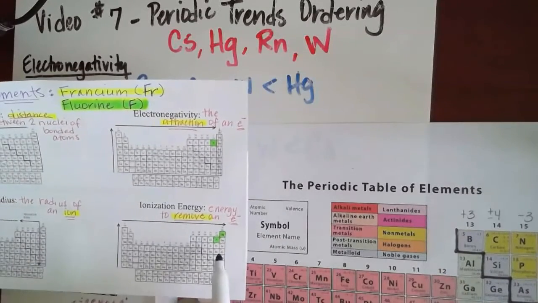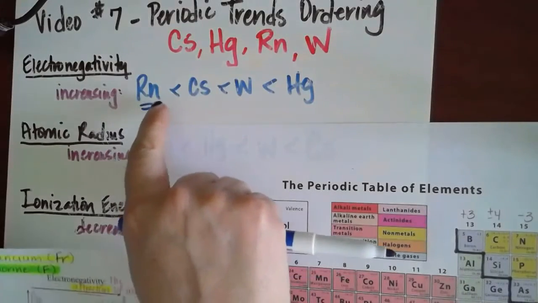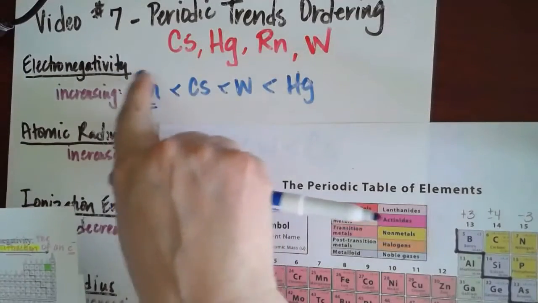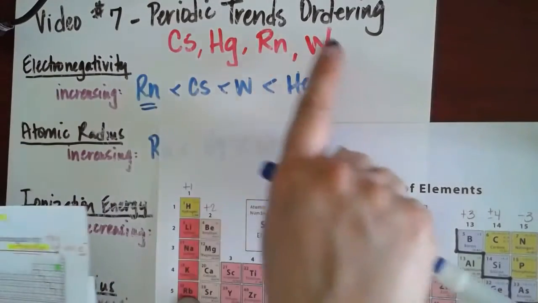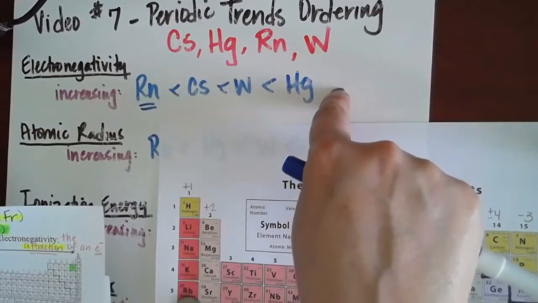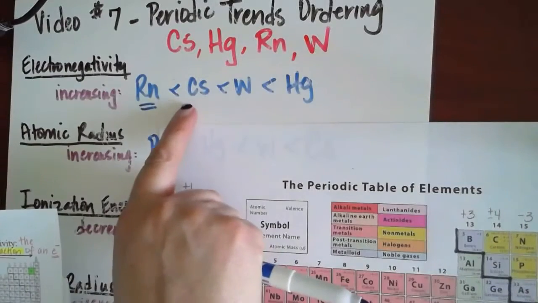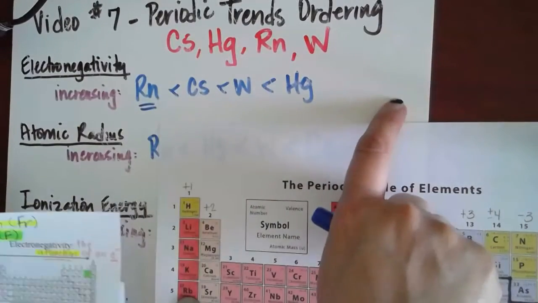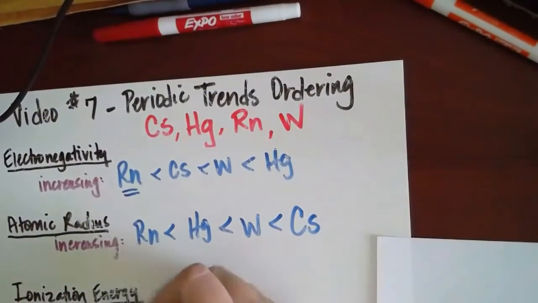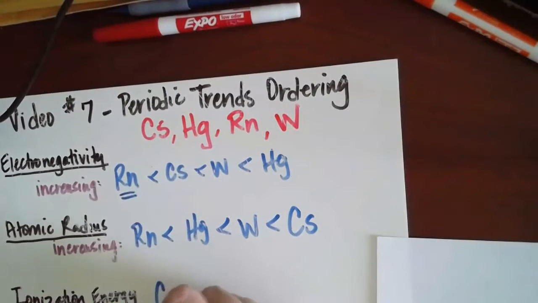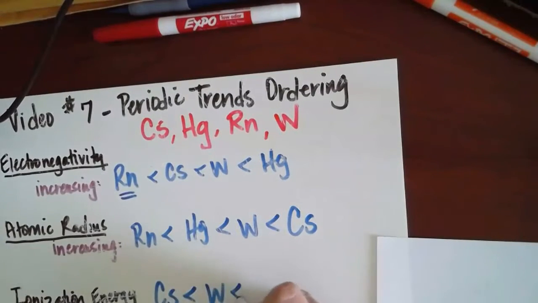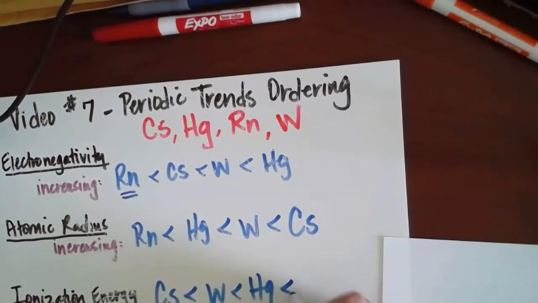So if that's the case, then instead of radon being at the beginning here, meaning it was the lowest, it should be flipped and be on this side as the greatest, which means all you have to do is go from Cs all the way to Rn. So we would write this one: Cs, W, Hg, and Rn.